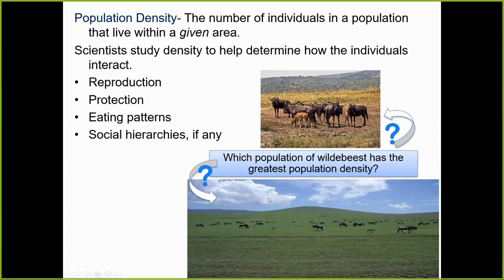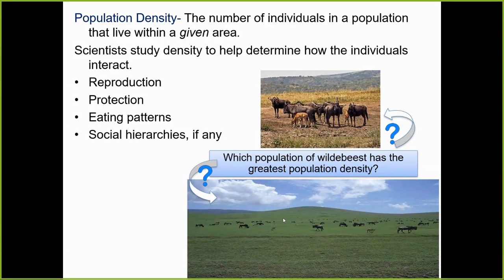Bottom. And why is that? Because they're evenly spread out and there's more of them. Yeah, there's more of them. So again, population size is about actual numbers. There's way more wildebeest in the bottom picture. Population density is about how tightly they are packed together. Are they tightly packed together so it's really dense, or are they kind of spread out so it's not dense?